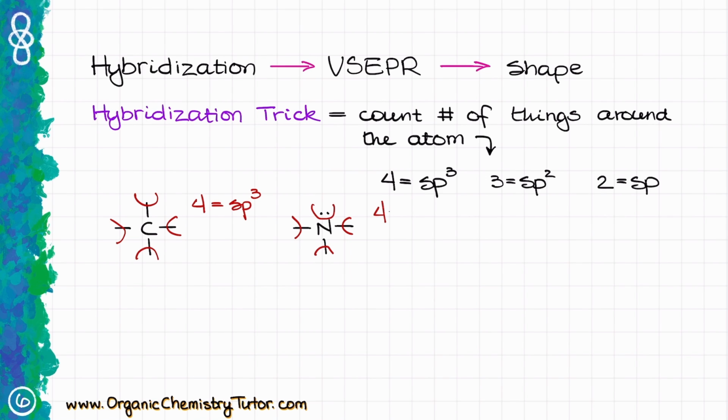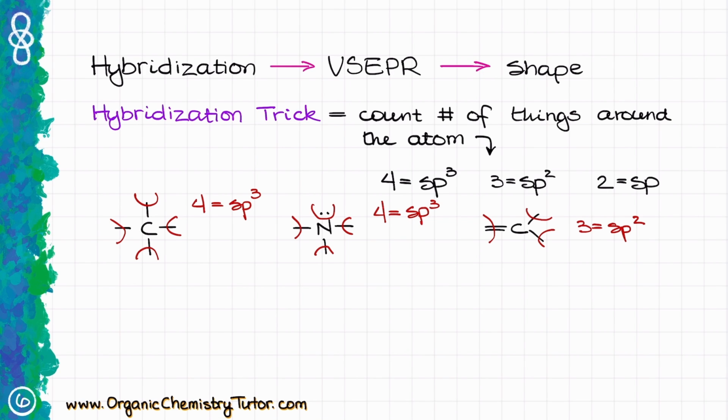So again, I have 4 things around my nitrogen, which is going to give me an sp3 hybridized species. Or let's say I have a situation where I have a double bonded carbon like that. Well, in this case, I have 1, 2, 3 things around my carbon, which means that that is going to be an sp2 hybridized species.